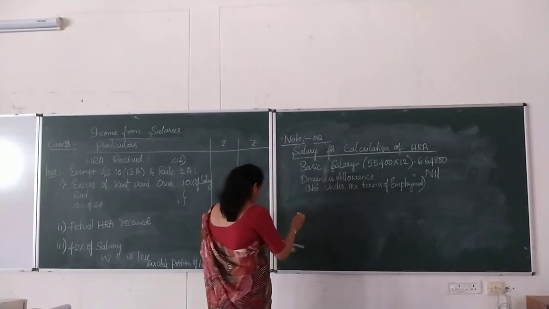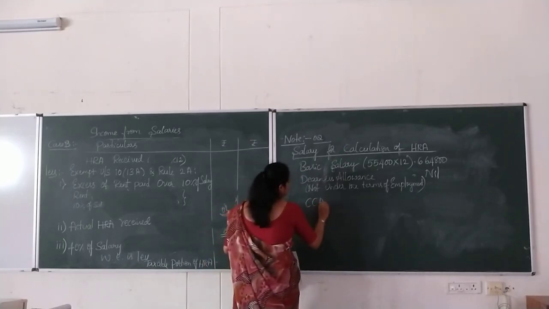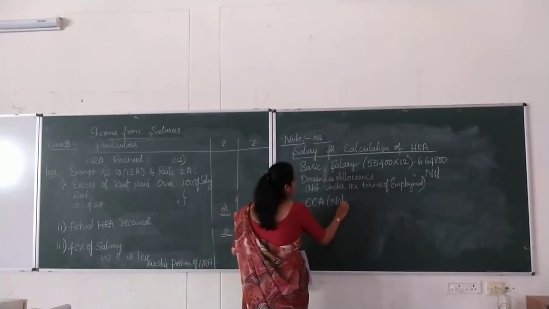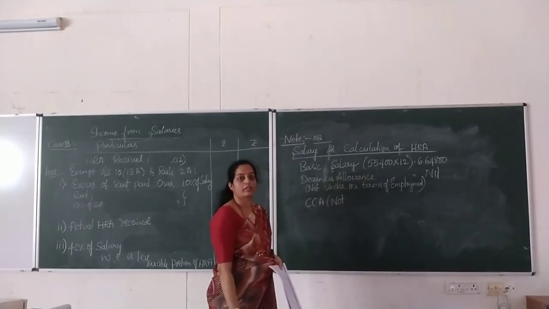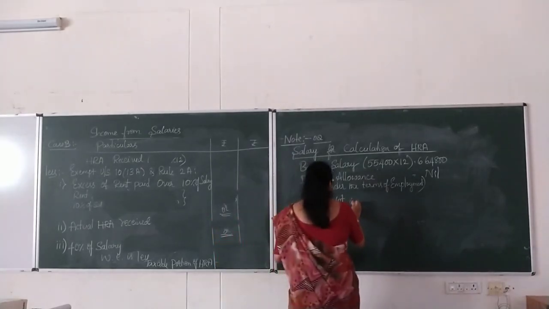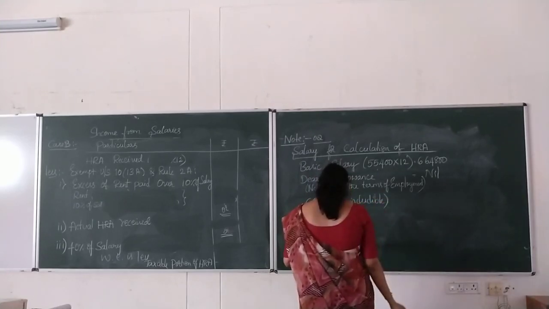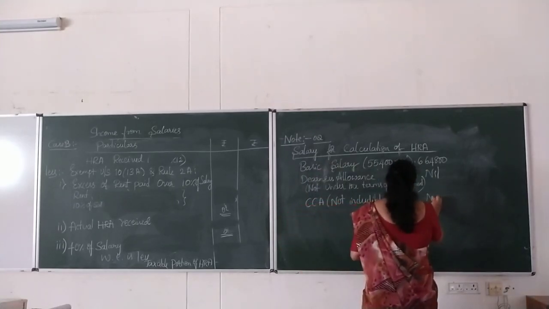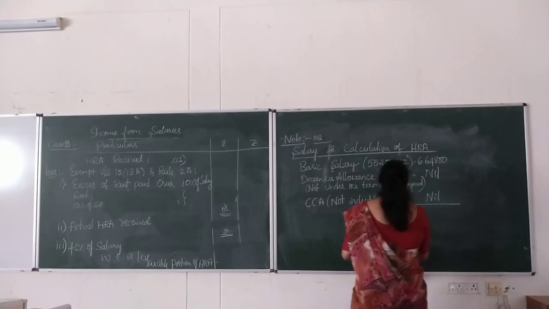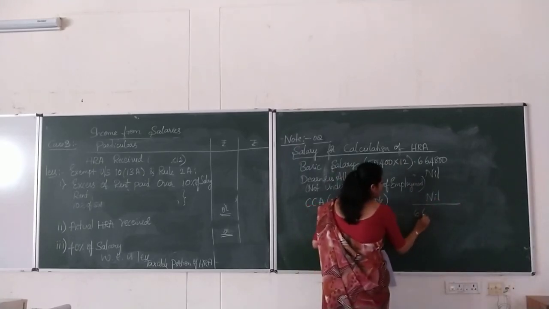Next, city compensatory allowance. It is not includable in the HRA umbrella. So nil. Total salary becomes 6,64,800.